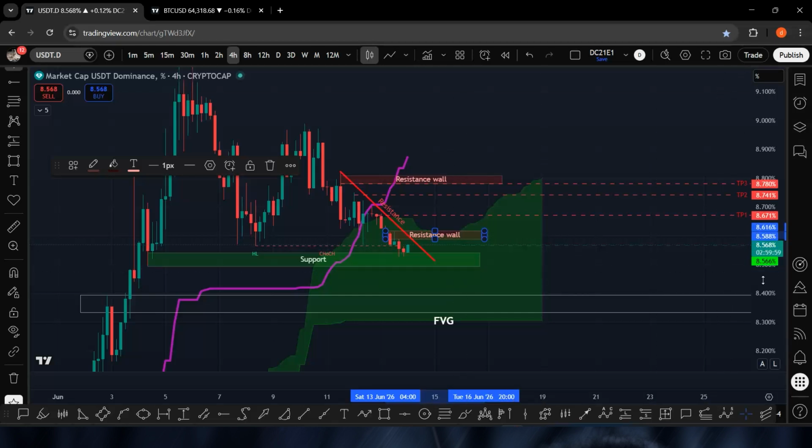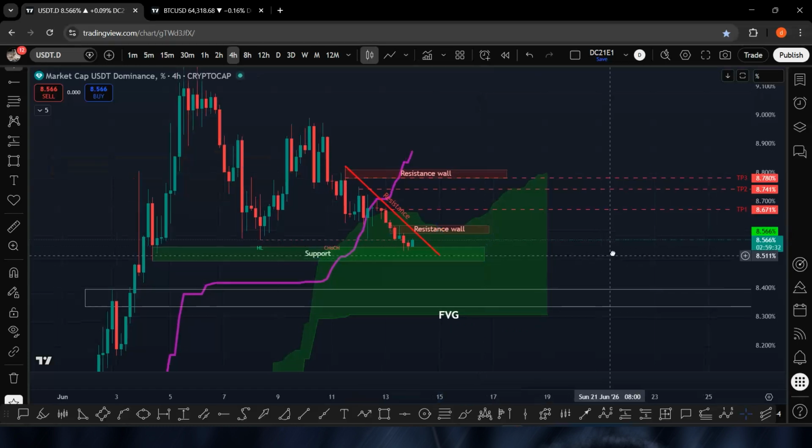Okay, so 8.6%. If we confirm above it, the targets for the upside in USDT dominance will be 8.67, 8.73%, and 8.78%. Okay, which gives us the next resistance wall here.